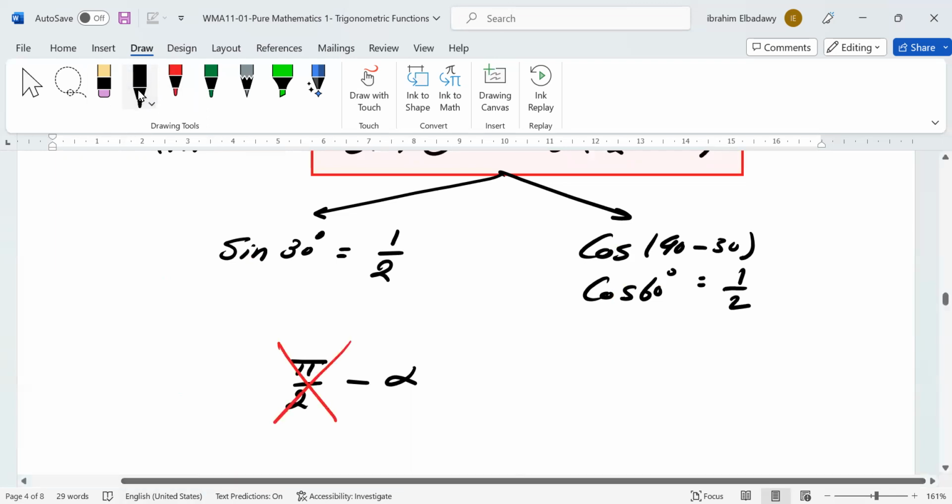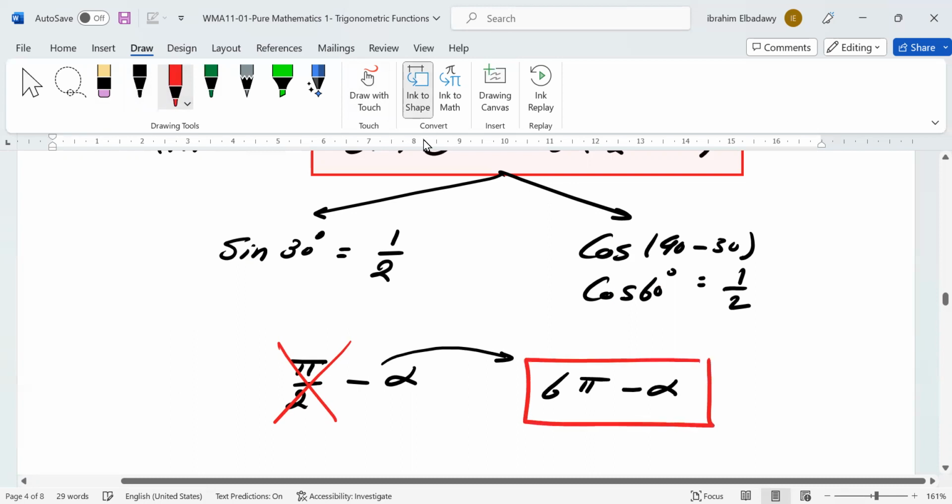Why? Because it is equivalent to 6 pi minus alpha, because the diagram is related to 6 pi and whatever, 12 pi and 24 pi. So 90 is equivalent to 6 pi. It's very important to understand this point, because it's not the normal 90. It depends on your diagram. If your diagram is 90, okay. But if in your diagram the 90 is not 90, it is 6 pi, which is equivalent to the normal diagram's 90.